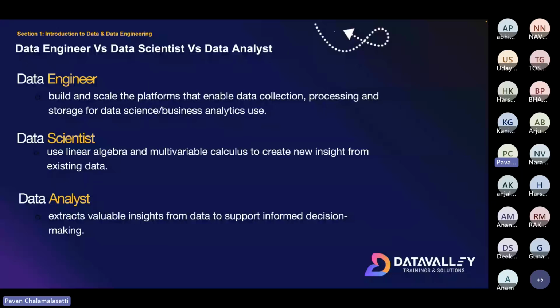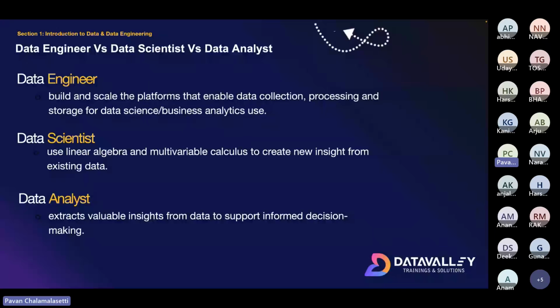Like the transaction detail: at 7 o'clock, somebody is watching a movie on Netflix; at 7:15, this person is watching this YouTube video. This kind of raw data, a data engineer will be collecting and storing in an easily accessible storage.